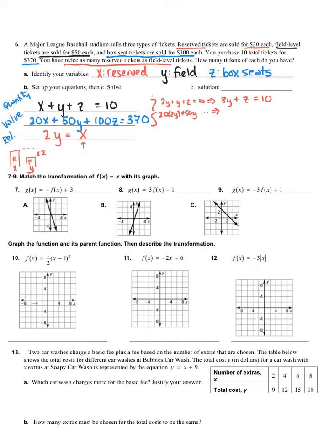So that gives me 40 plus 50. So I'm going to have 90y plus 100z equals 370. And since everyone there has a 0, I'm just going to divide everything by 10, so I have one less 0 to worry about.